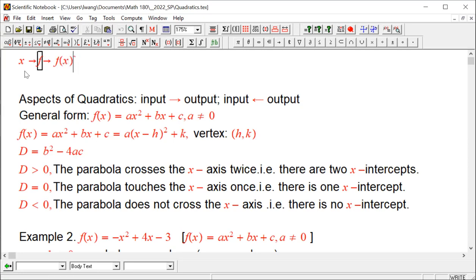Input is given, it's a vertical line; output is given, horizontal line; it could be positive, negative, equal to 0, and so on and so forth. There are all these different possible ways of asking questions, but it's always about either input or output, right? I hope that gives you some ideas about solving inequalities.